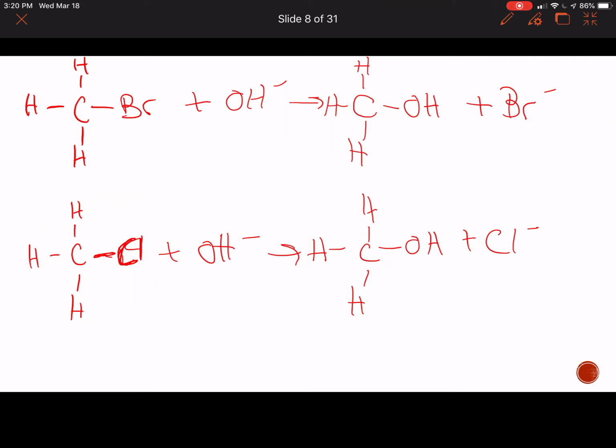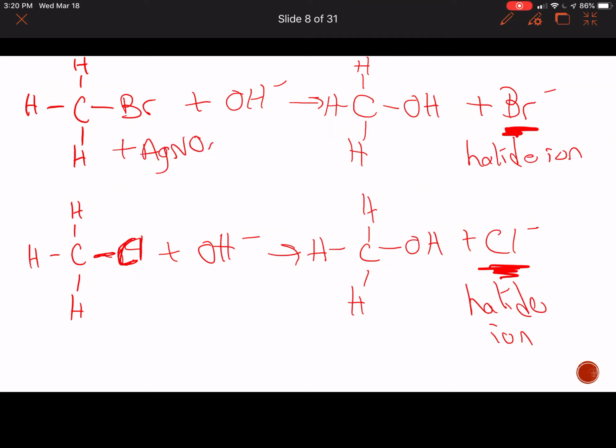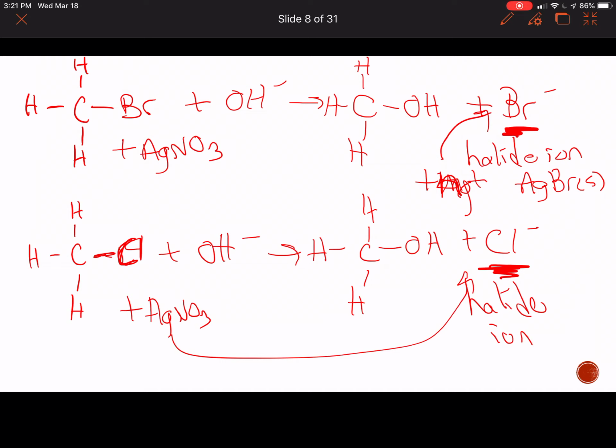In both of these reactions, you are going to produce a halide ion. If you wanted to predict which of these reactions would happen first, if you were to add silver nitrate into your mix, as your halide is being made, it would start to precipitate with the Ag+ that is present. So this would make AgBr solid, and this would make AgCl solid. And so you can predict the relative rate of reaction.